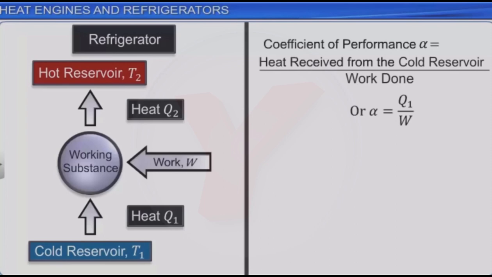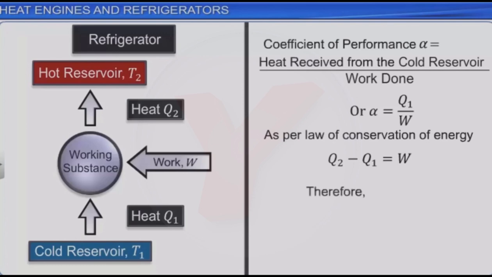Alpha is equal to Q1 by W. But as per the law of conservation of energy, Q2 minus Q1 is equal to W. Therefore, alpha is equal to Q1 by (Q2 minus Q1).